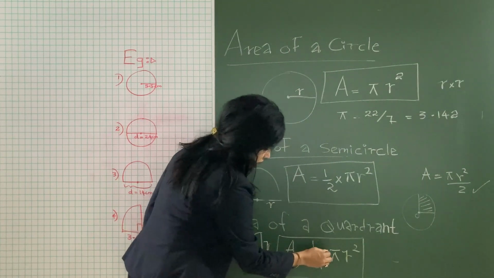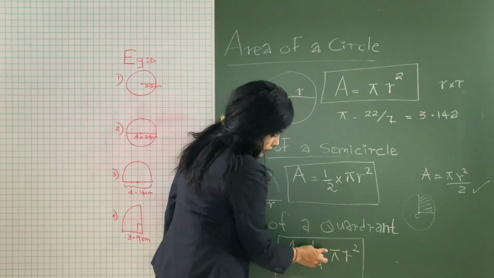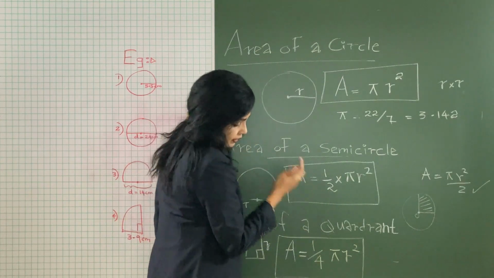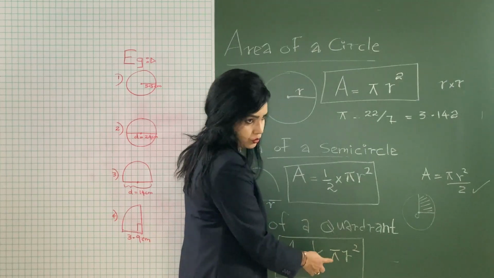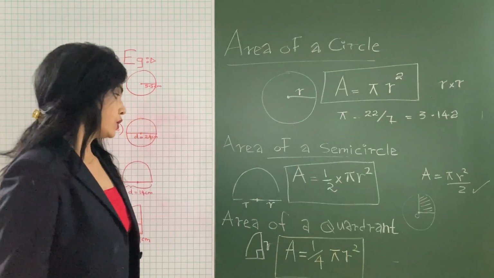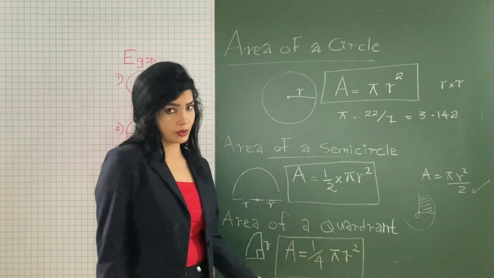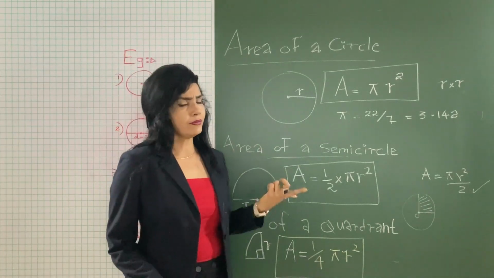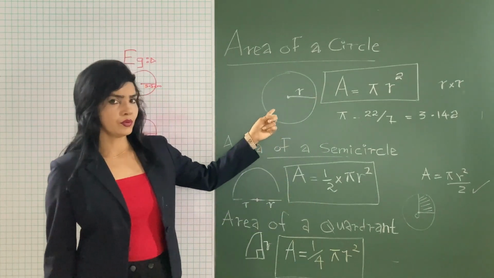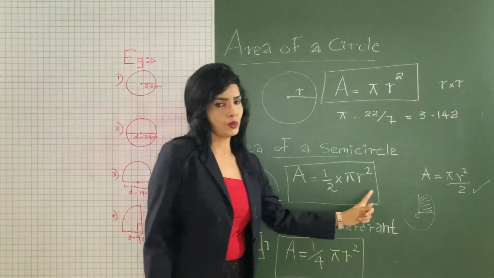Whether this multiplication sign is written or not doesn't matter, because as you know, if there is no symbol between two letters or a number and a letter, that is multiplication. So quarter pi r square is also correct, or else quarter into pi r square. Once again, one full circle is pi r square. Half of a circle, half into pi r square.